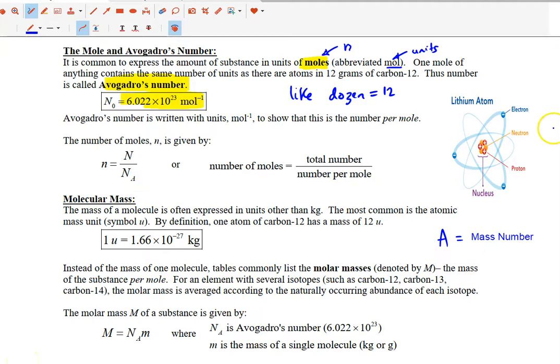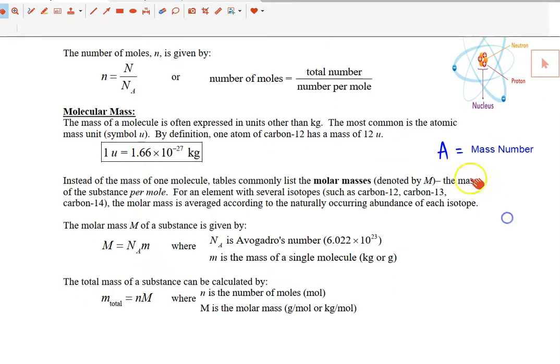Down below in the notes, you can see that the molar mass is related to the molecular mass over here, which we were talking about earlier. We called it the mass number. The mass number we were using the symbol u for, but you can also think of that as grams per mole. The molar mass symbol we use here is typically a capital M. That is related to the number of moles.